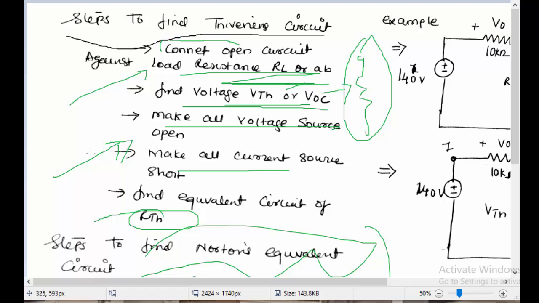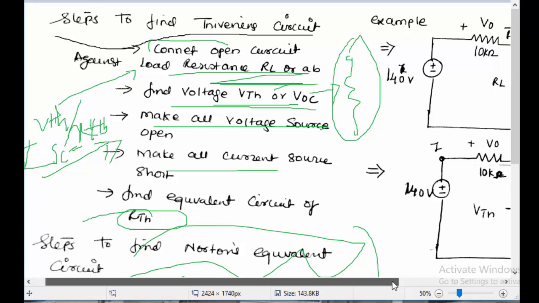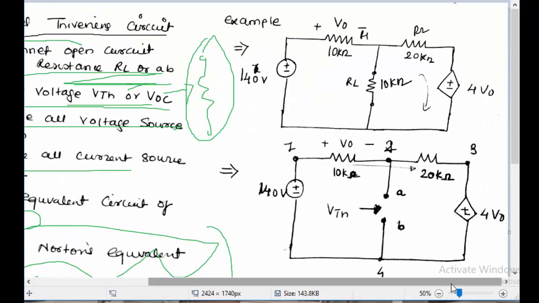Then, by using VTH divided by RTH, you can easily convert that into ISC, the I short circuit or Norton current, and then you can formulate the circuit in the Norton's circuit way.